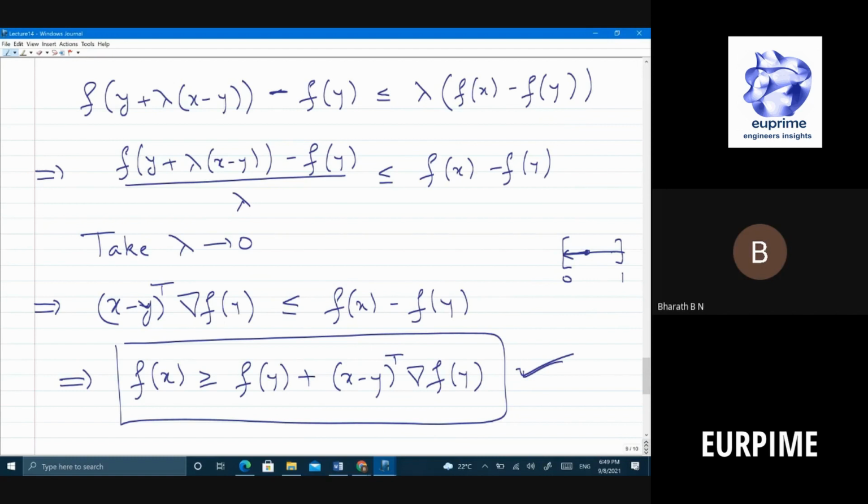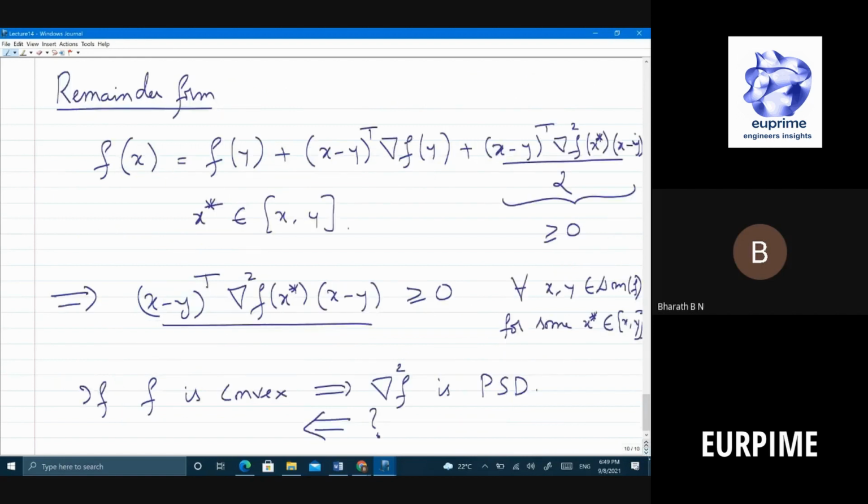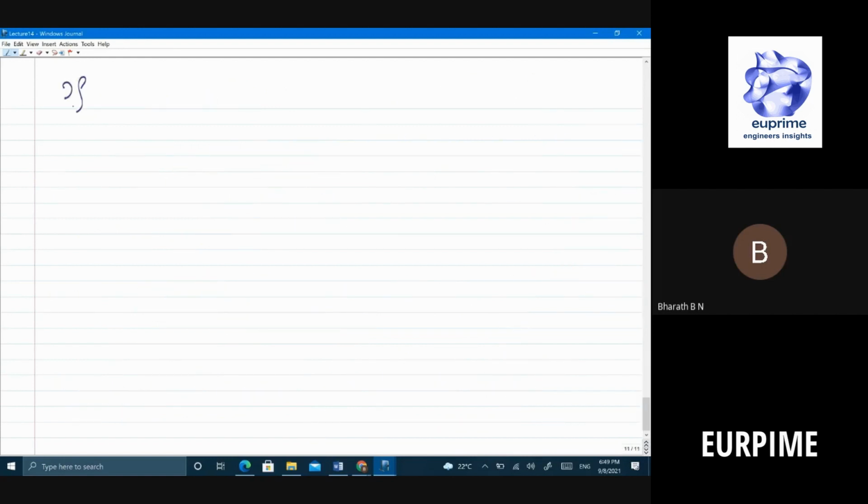So the question that we will ask is, if f of x is greater than or equal to f of y plus x minus y transpose gradient of f at y, does this imply f is convex?